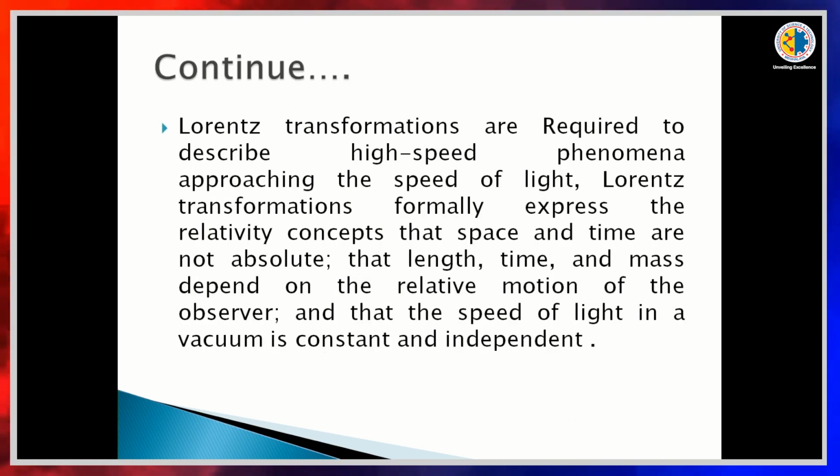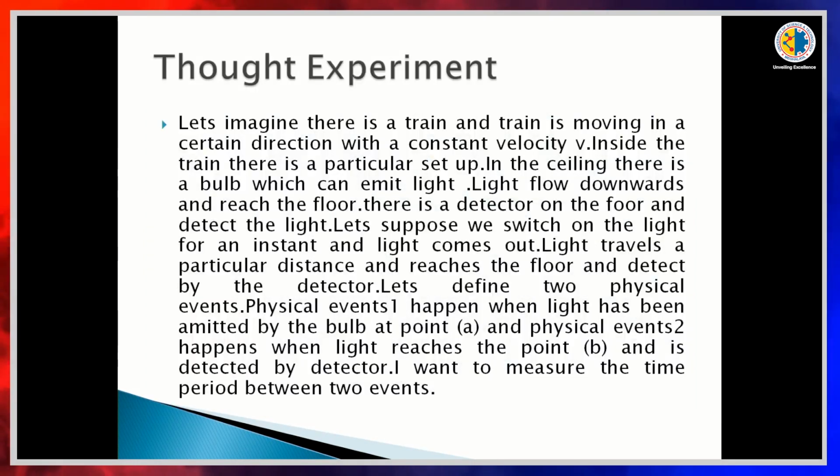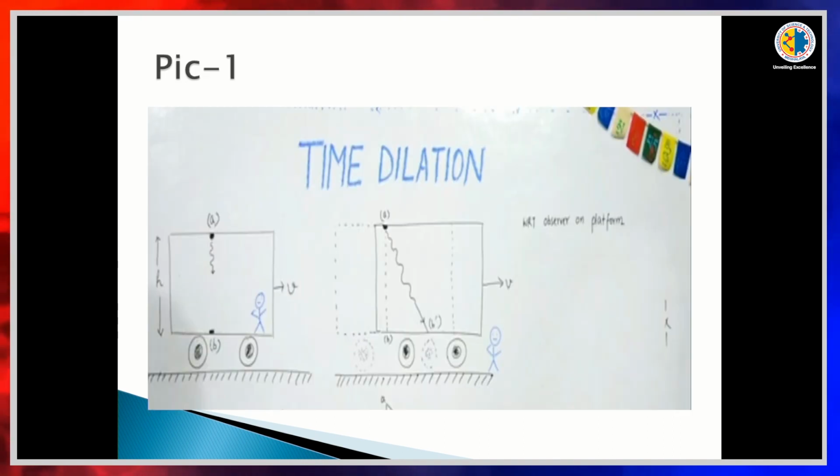So, event 1 happens at point A, which is the bulb, and event 2 happens at point B, where the light is detected by the detector.